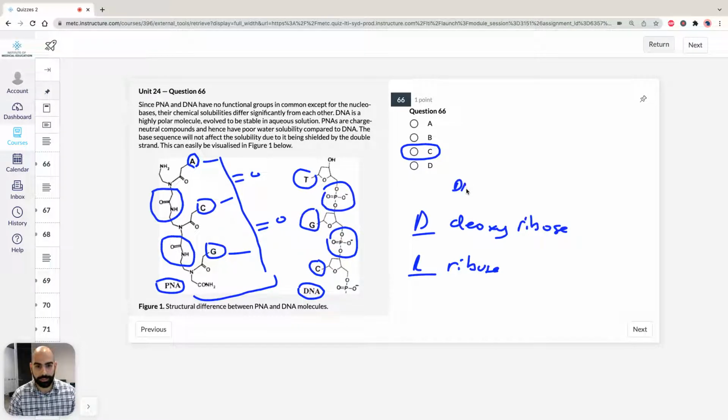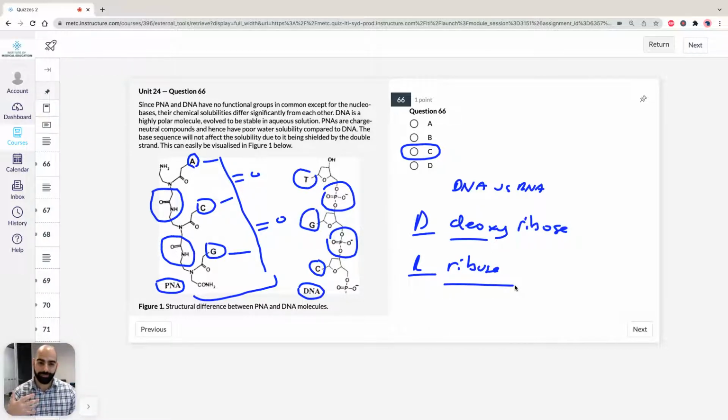So if it's deoxyribose, it doesn't have that hydroxyl group, the oxygen group, on the 2' carbon, I think. I can't remember exactly where it is in the structure, but the point is that this sugar lacks that oxy group, whereas in RNA they have that group.